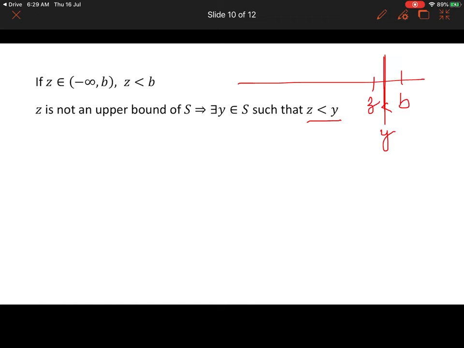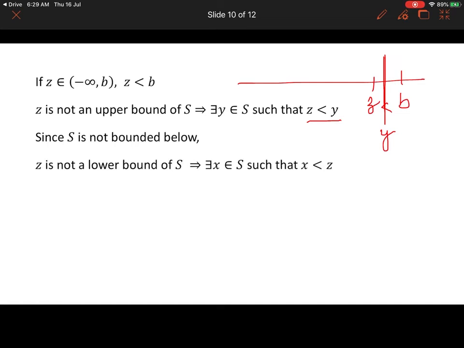Okay. Now we have assumed that in case 2, S has no lower bound. So z is not a lower bound of S. If z is not a lower bound of S, S contains some element, say x, which is less than z.